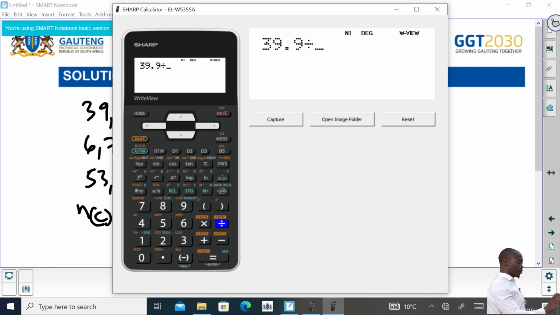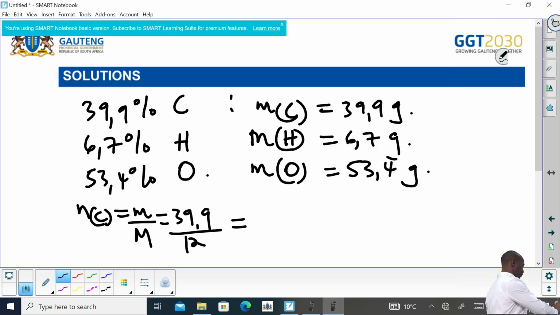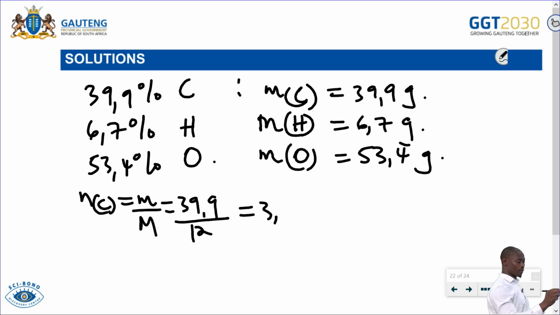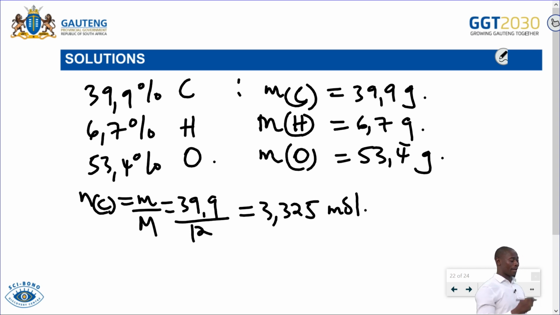Here I'm having 3.325 moles. So these are the number of moles of carbon, 3.325 moles.